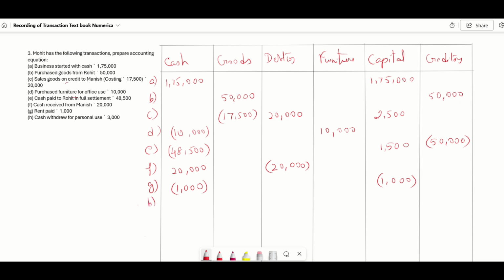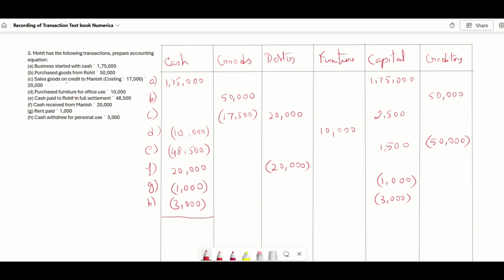H, cash withdrawn for personal use 3,000. So 3,000 is being deducted. So that will again be deducted from the capital. Okay, expenses we will be deducting from the capital, and income will be added. So yeah, we've completed all the transactions, and now you can total this.